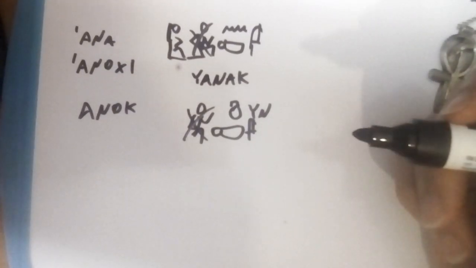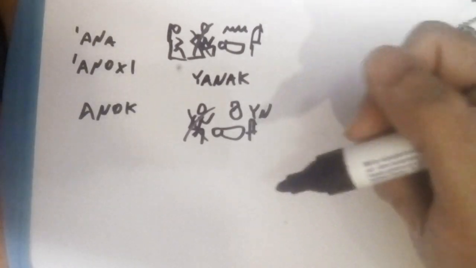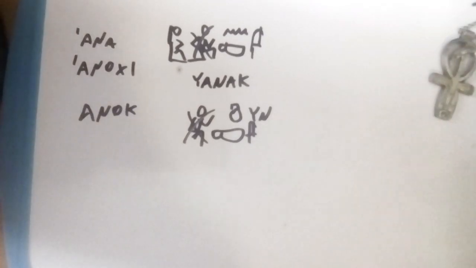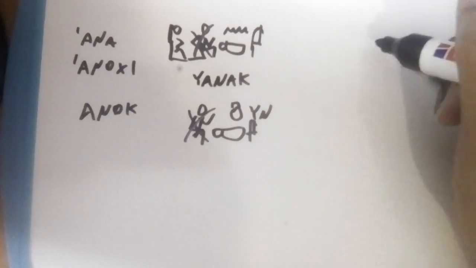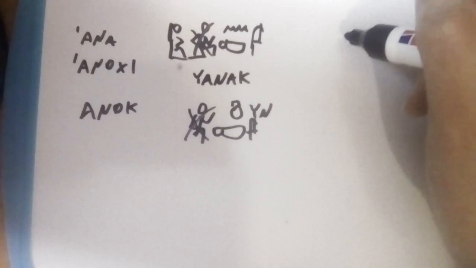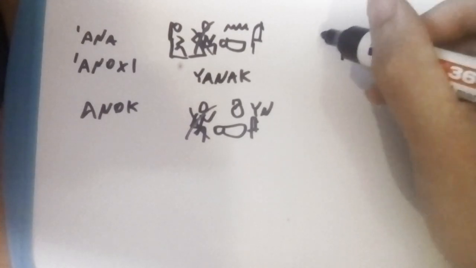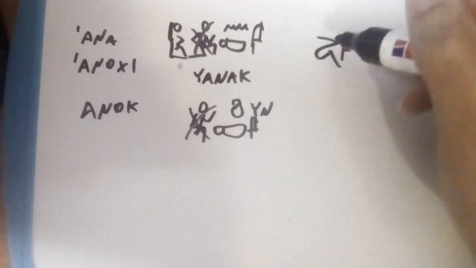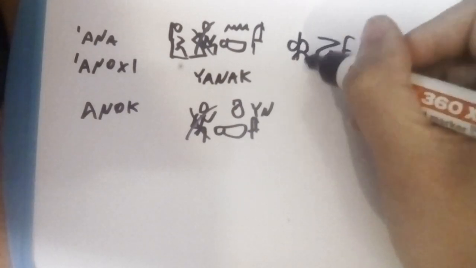Now this word was used to express phrases like "I am something" or "this something is me." For example, we can use some words we learned before. First of all, I will write them in the hieratic script. So this is the reed leaf, this is the water ripple, and this is the cup and our guy there.